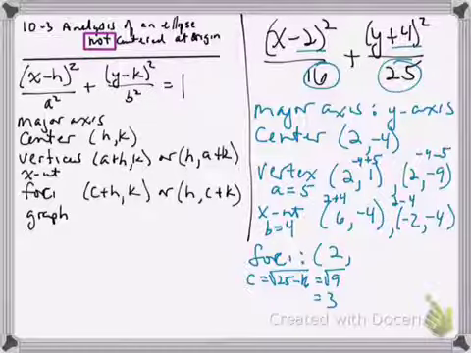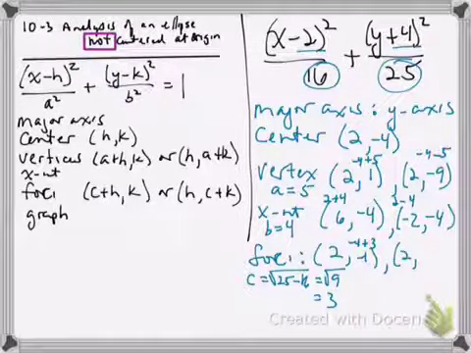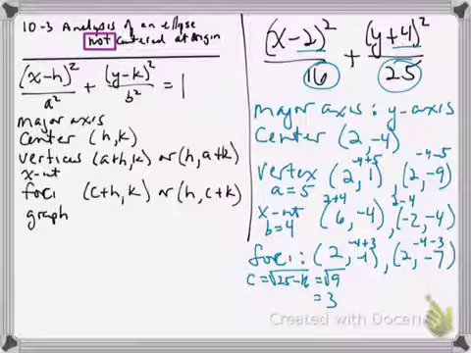And so it's going to be our center, negative 4 plus 3, which is negative 1. And the other focus is going to be negative 4 minus 3. So that's negative 7. Alright, and so we have all the pieces to the puzzle there.